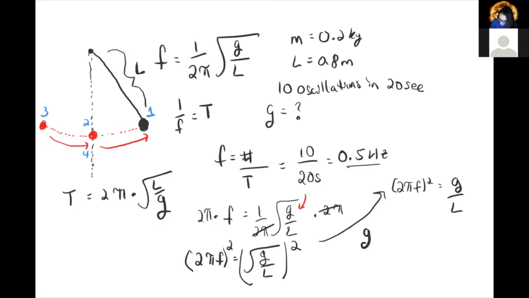So g is equal to the length of my pendulum times (2 pi f) squared. And so with these quantities that I'm given here, I find that the acceleration due to gravity, or the surface gravity on this planet, is 7.89 meters per second squared. So just a little bit smaller than the 9.8 meters per second squared that we have on our planet.